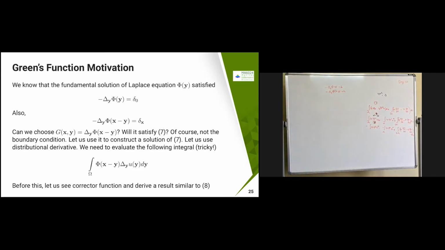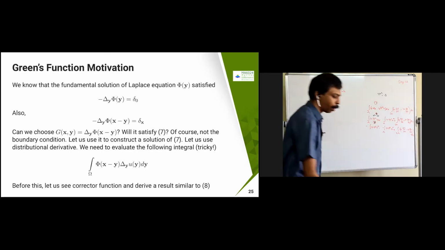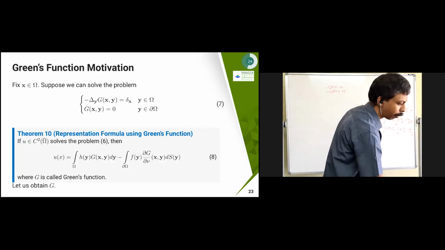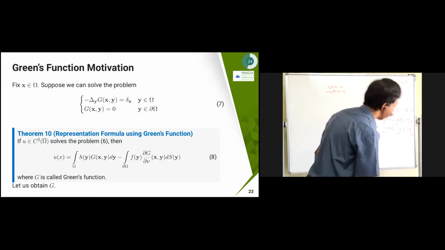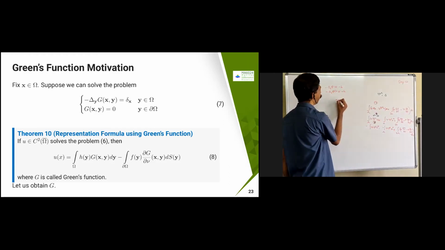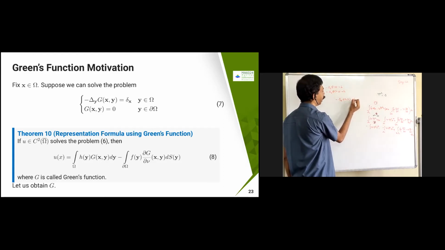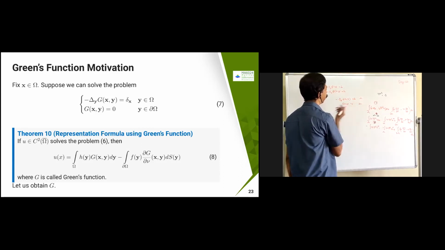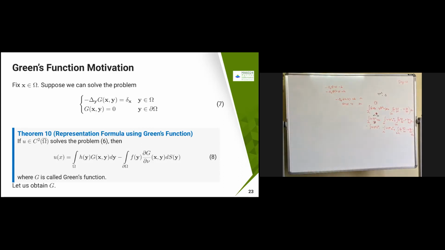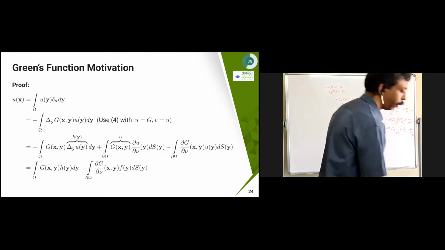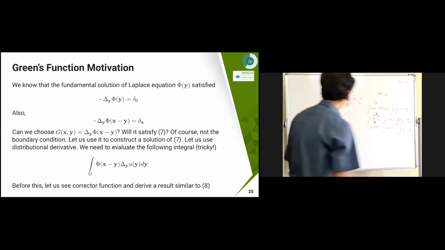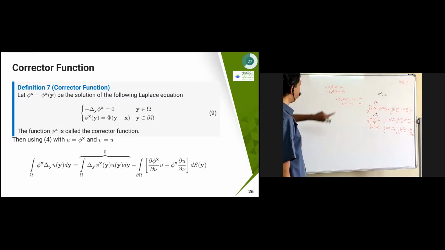Now, if you remember problem number 7, we defined a problem: del y of g of x,y equal to delta x on omega, and g of x,y equal to 0 on the boundary. So now we found one problem; we know already one thing: minus del y of pi of x,y equal to delta x. The right-hand side is almost the same as this one.